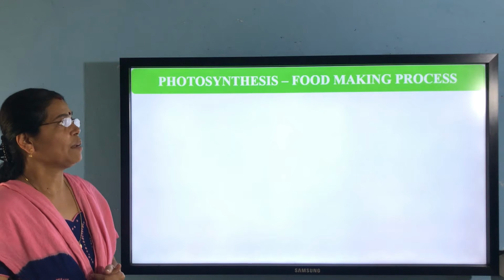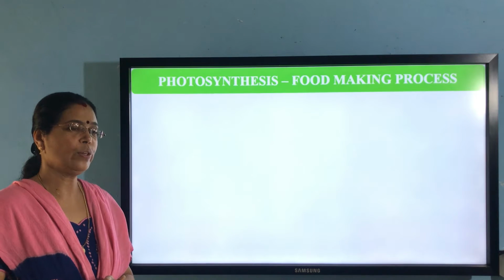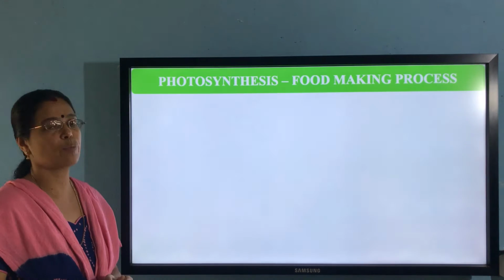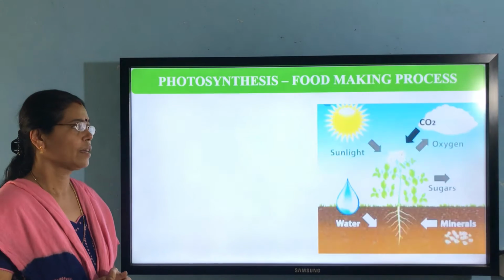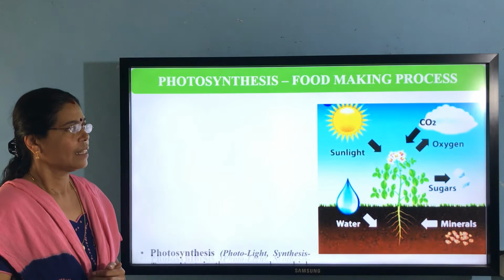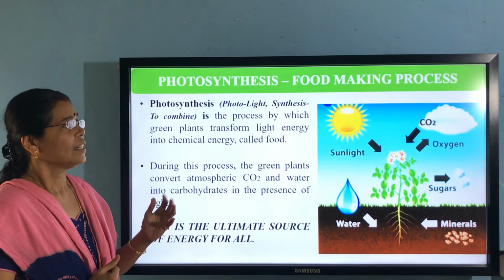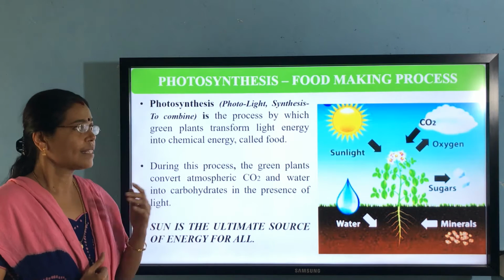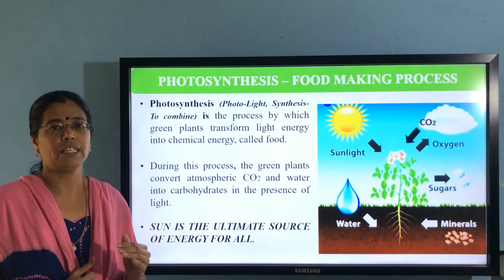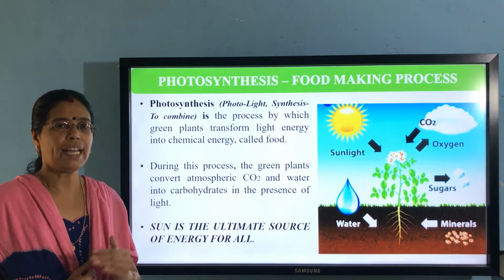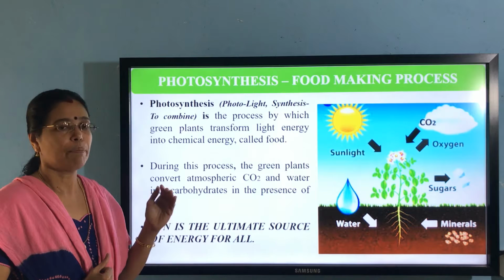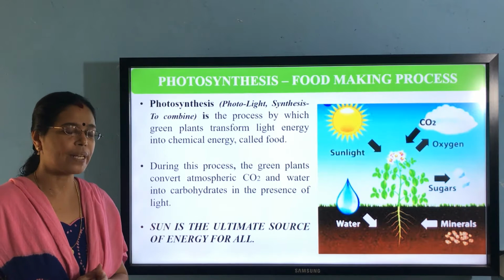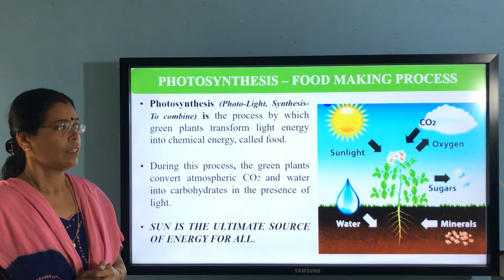Now, in this food making process, we are going to deal with how the photosynthesis process takes place. In green plants, with the help of solar energy, the plant prepares food. Here the sunlight is converted into chemical energy with the help of a pigment called chlorophyll, which is present in the leaf.